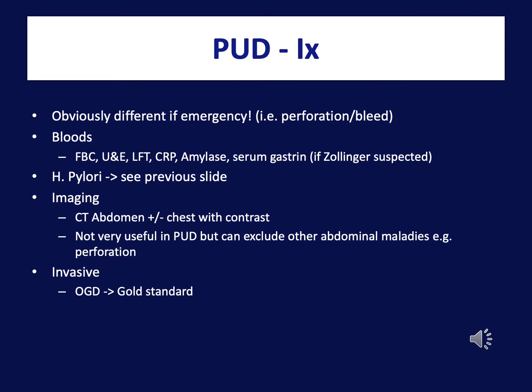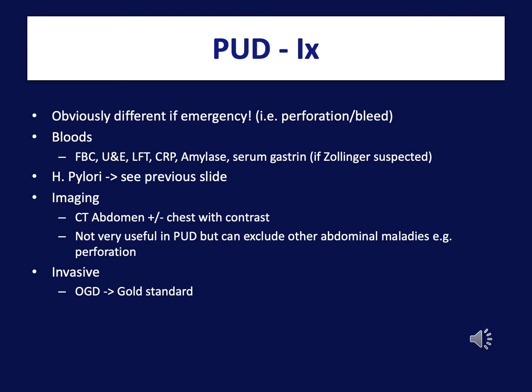So, investigations for a patient you suspect has peptic ulcer disease. Now, this is different from the investigations to H. pylori slightly. This is just to see if there's presence of ulcers. H. pylori is to detect a bacteria causing ulcers. So, you do the full blood panel as usual. You can also send a serum gastrin if you're suspecting Zollinger-Ellison.